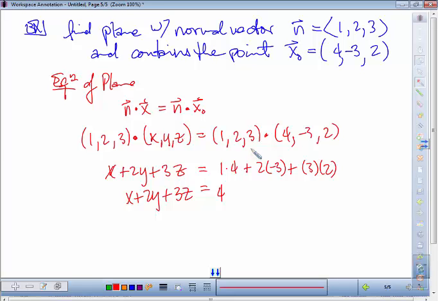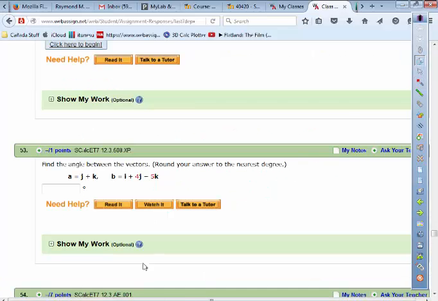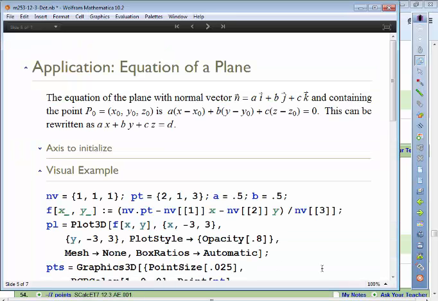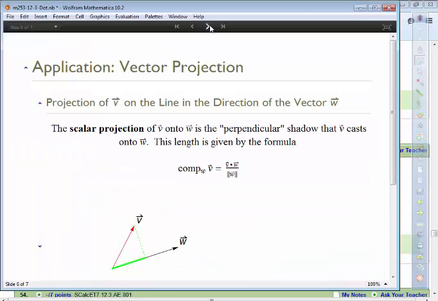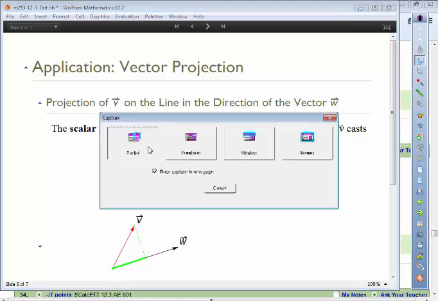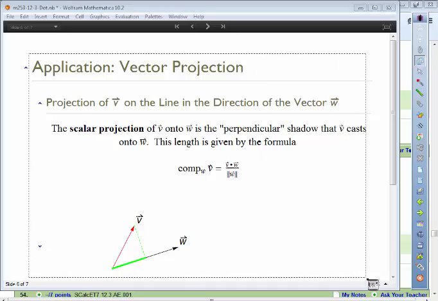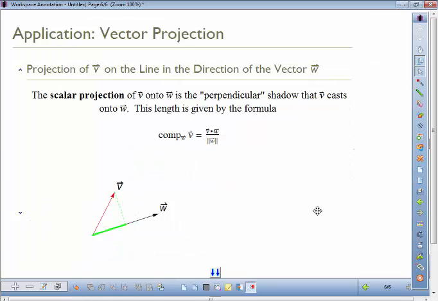All right. Let's take a look at another application for the dot product. Scalar projection. The idea behind a scalar projection is to take two vectors and then take one of them and make it drop down to the other vector, and imagine having a light source right above this.